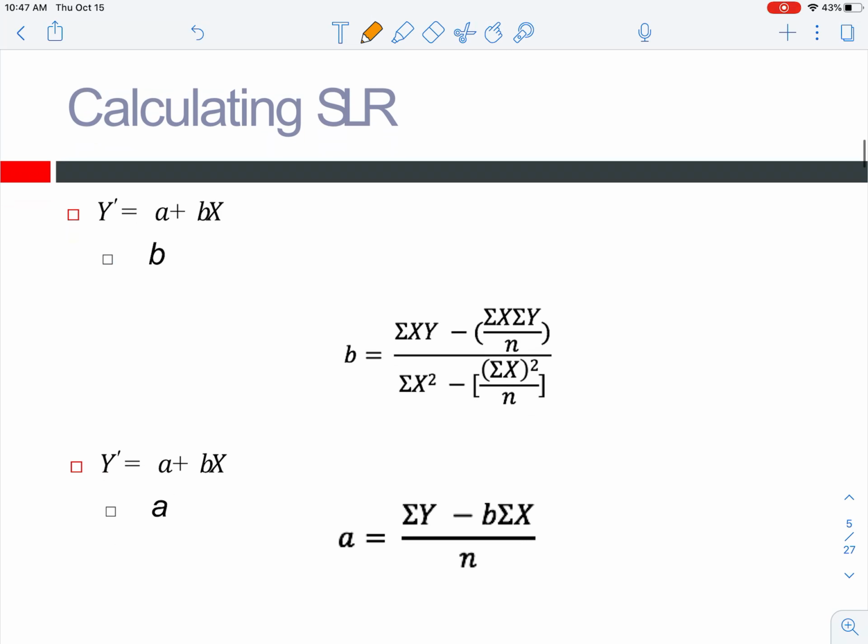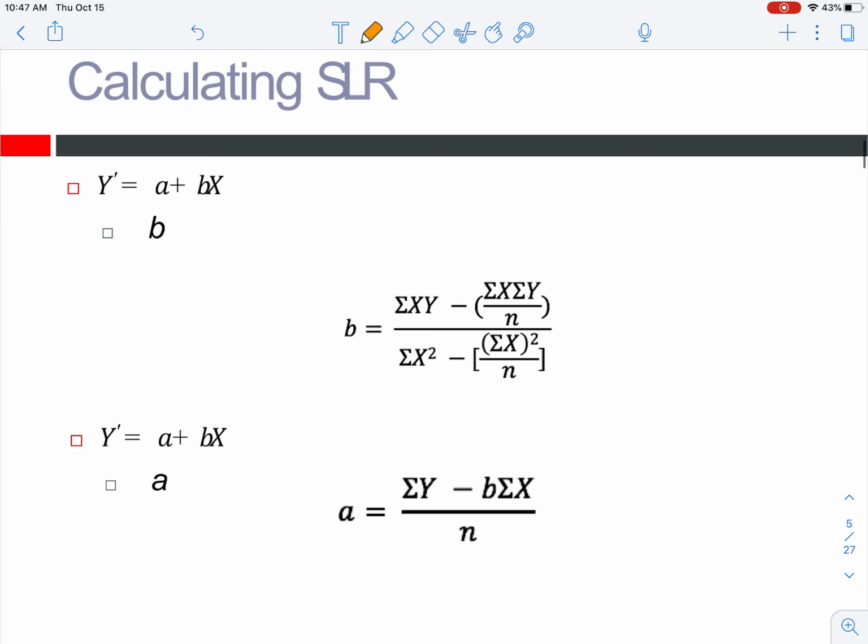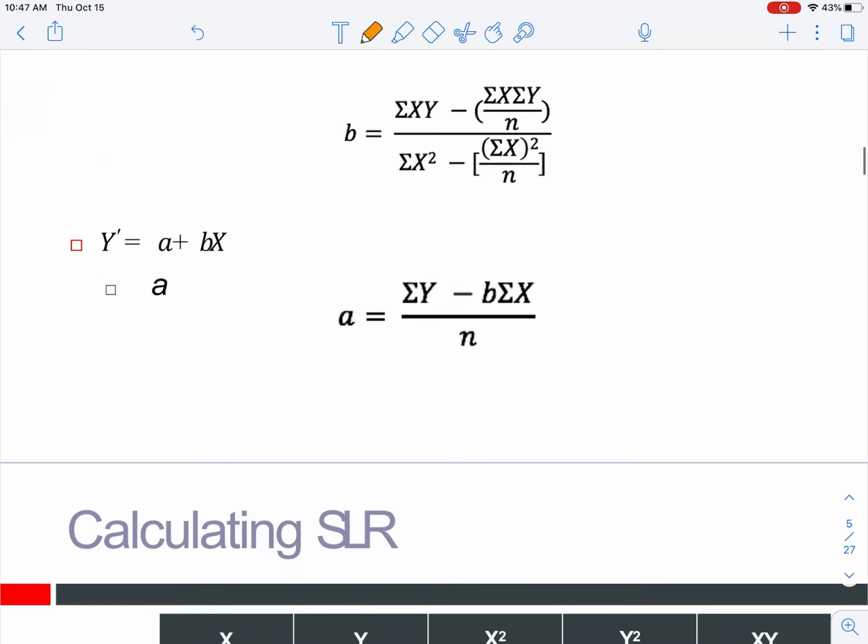And then our regression equation, y prime equals a plus bx, can help us to predict from one data set to another. So given a set number of x's and y's, I can predict any other y based on a new x using my b and a equations.